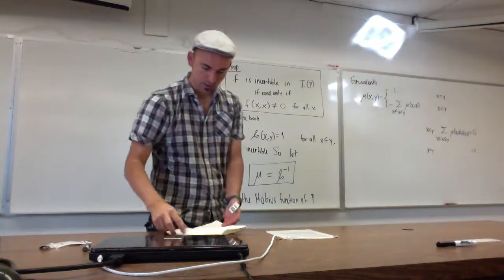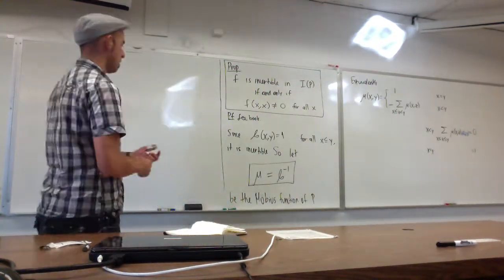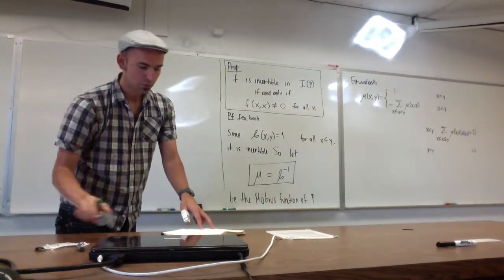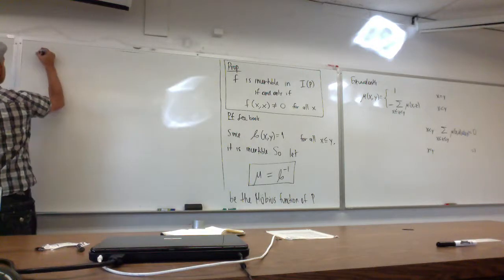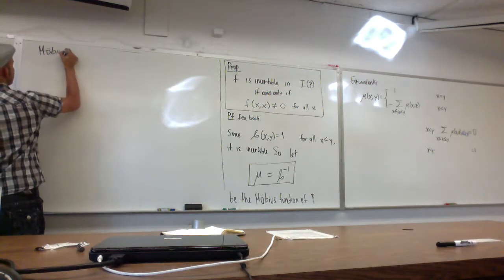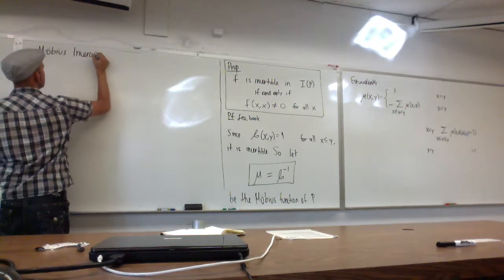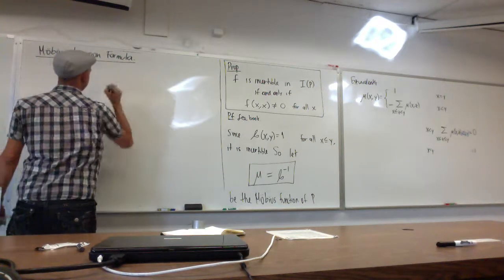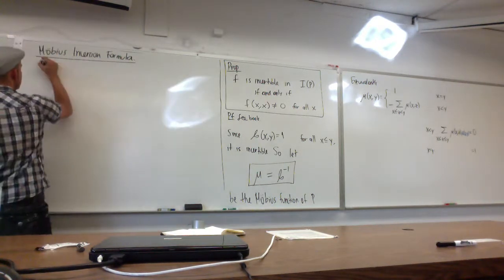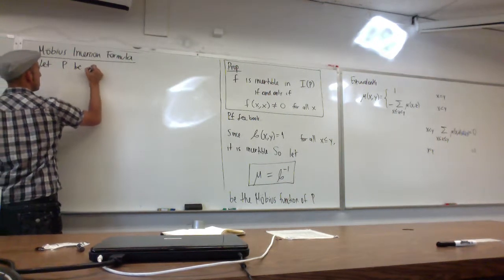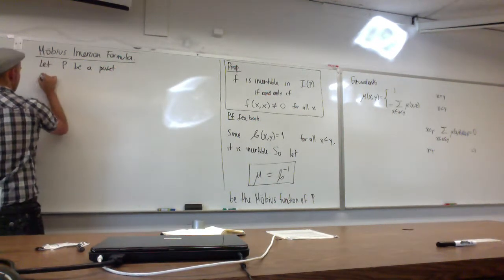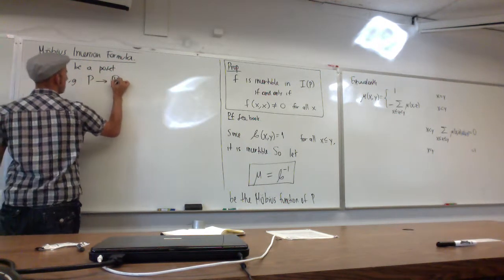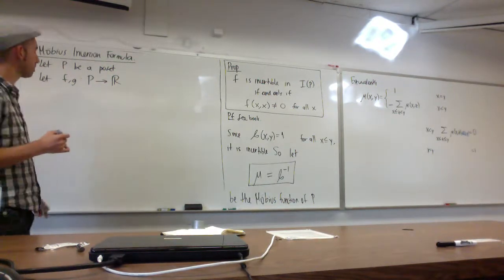For example, one advantage of doing things algebraically is that I get a very simple proof of a very important theorem, which is the Möbius inversion formula. Which says the following: let P be a poset, let f and g be functions from the poset to maybe the reals or maybe some other ring, it doesn't really matter.